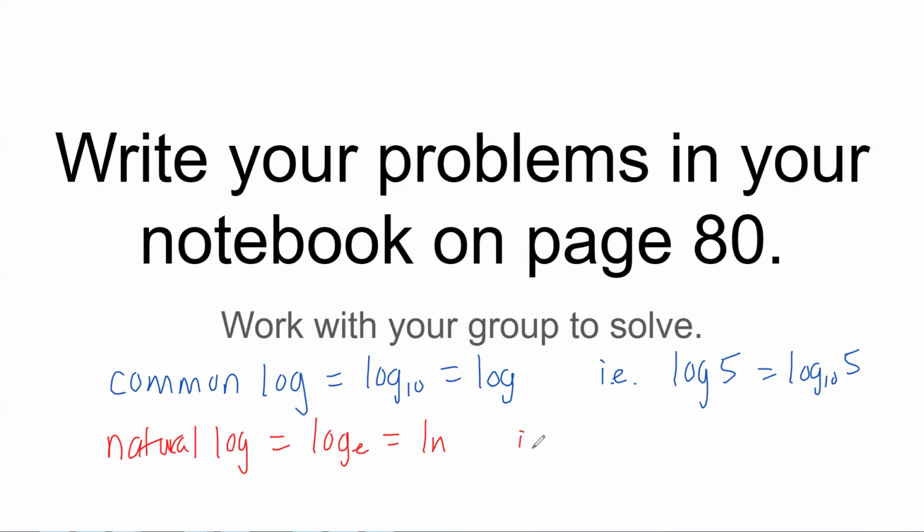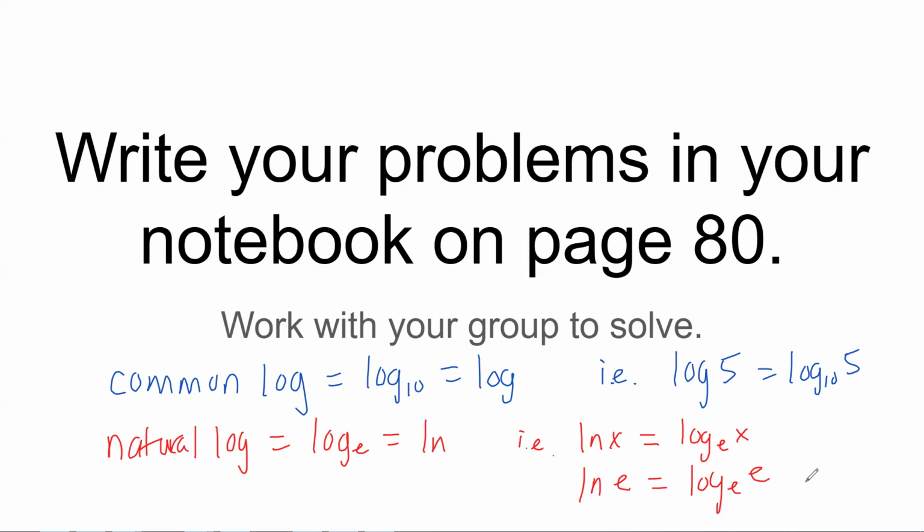So for example, if you see natural log of x, that means log base e of x. And because of that, if you see the natural log of e, that means you have log base e of e. And what did we say if your base and your argument are the same?